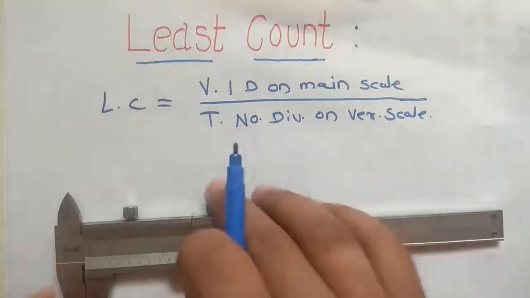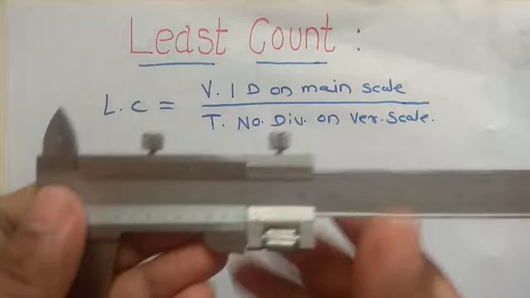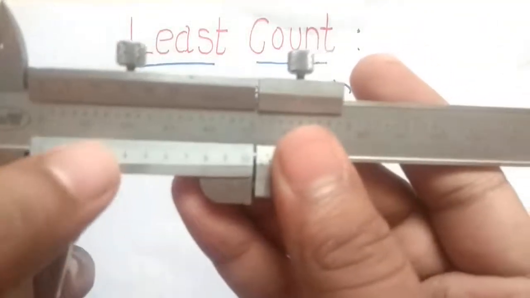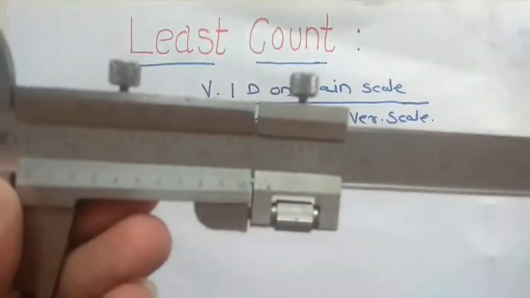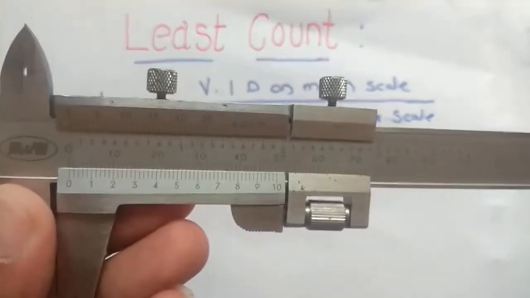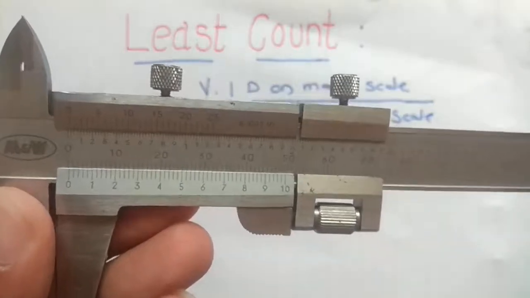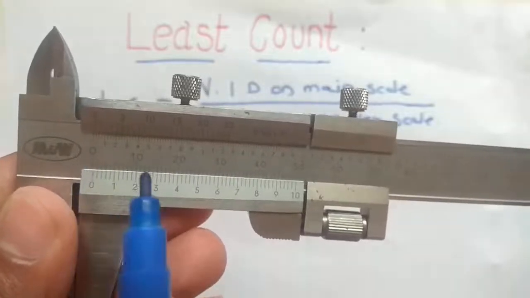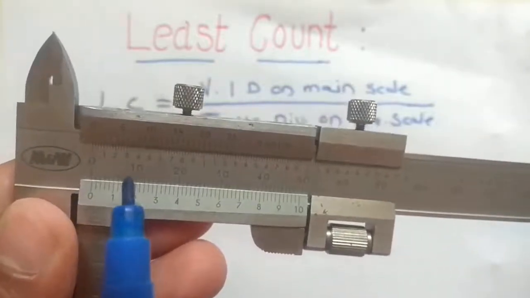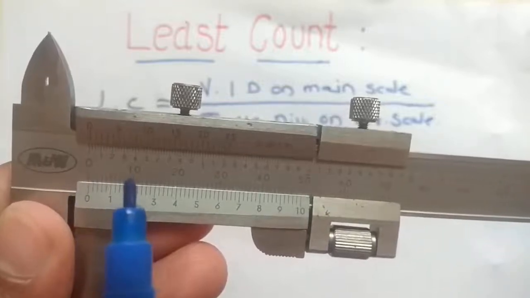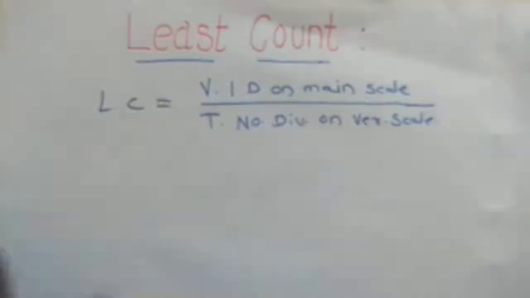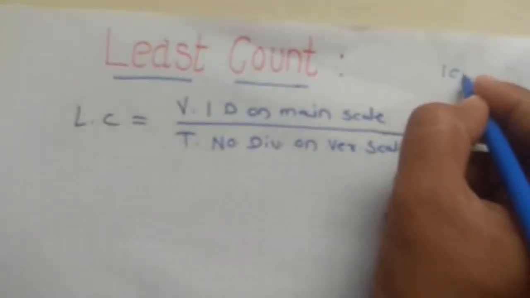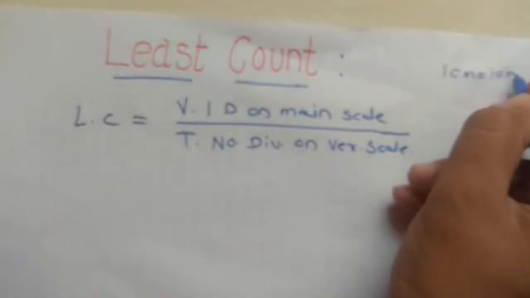Now here you can see that on the main scale, 0 to 10 divisions are there. Here is 0 and here is 10. This is 1 centimeter distance, and you know that 1 centimeter is equal to 10 mm.